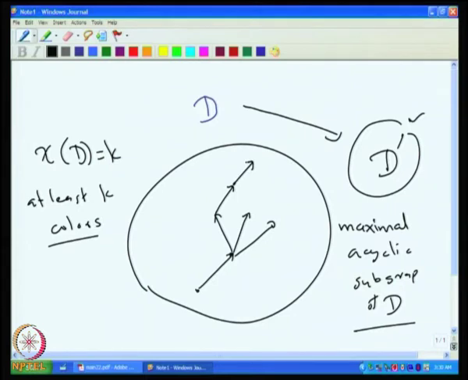So, we pick up this D dash first. Now, we will color each vertex as follows. What is the strategy?